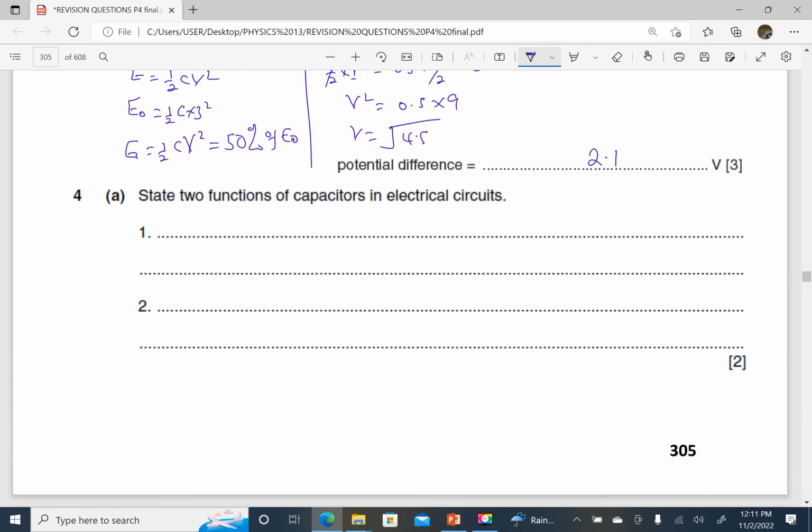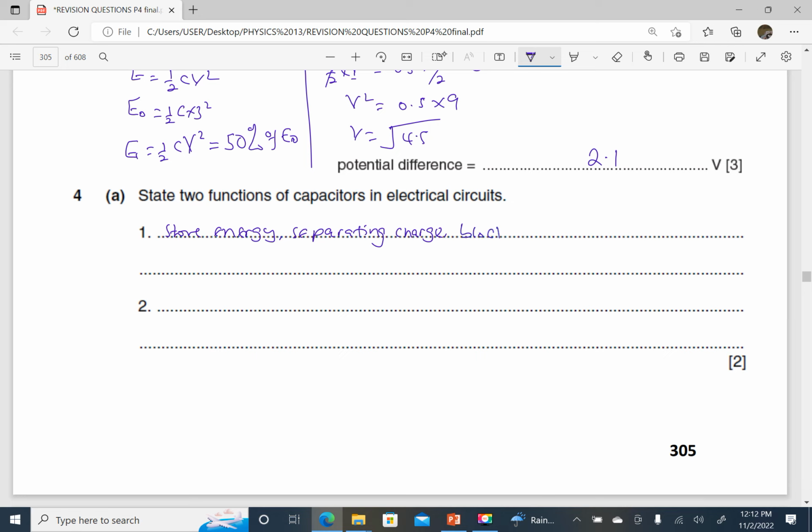State 2 functions of capacitors. We have said capacitors can be used to store energy. That is one. Separating charge, that is 2.